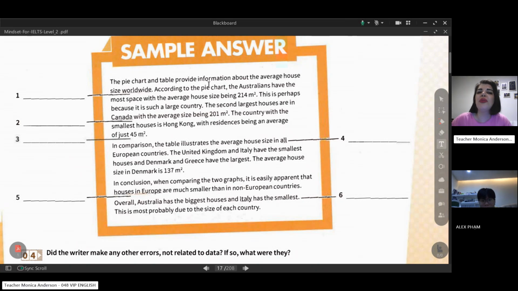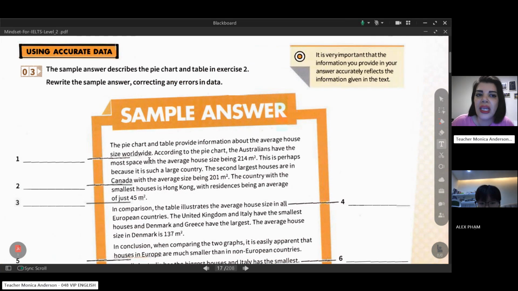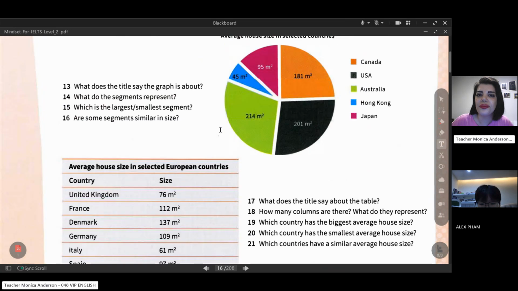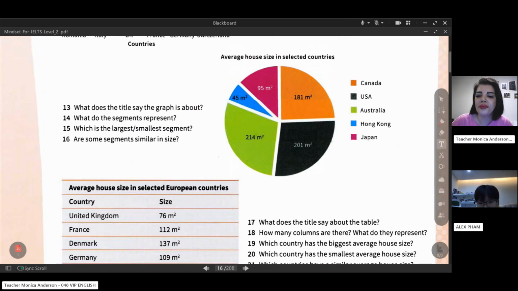Now, what is the problem with the first one? The pie chart and table provide information about the average house size worldwide. Really? Worldwide? What is the problem with this?